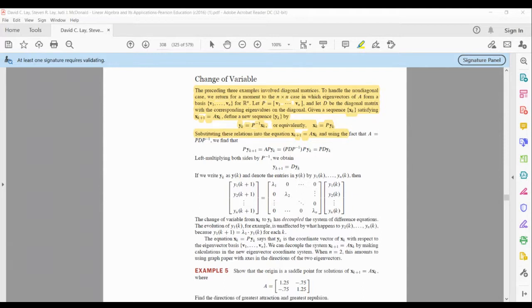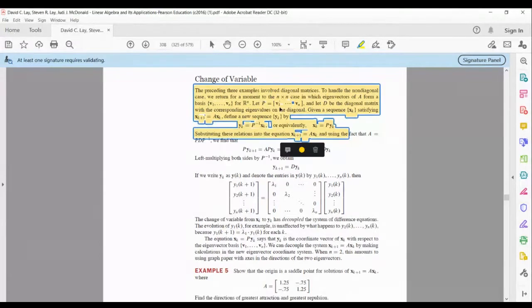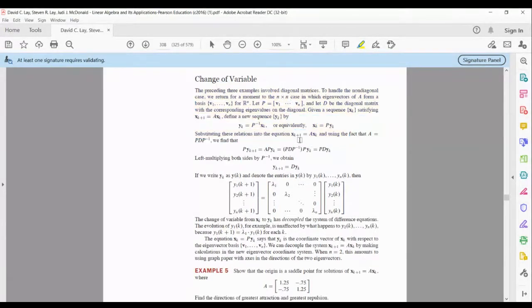So you have a sequence where x sub k plus 1 equals A times x sub k. But what you can do is make this change of variable. You can let y sub k, this new variable, equal P inverse times x sub k.